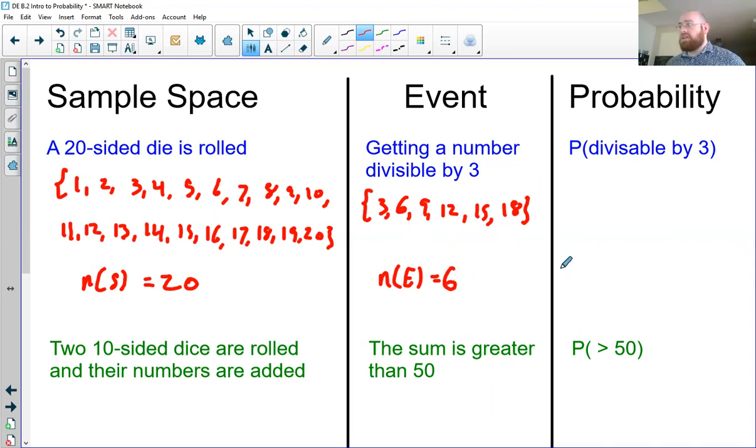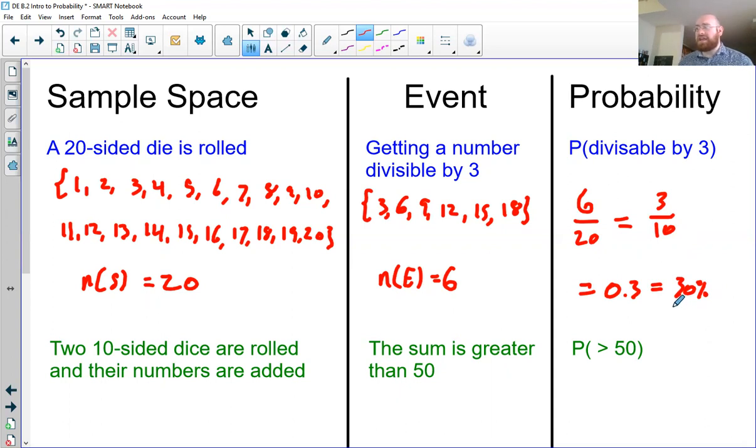And so the probability that we get a number divisible by 3 is going to be 6 out of 20, which can be reduced to 3/10. We can leave this as a fraction, or if you want to express it as a decimal, 0.3, or a percent, 30%. Generally, if we can express it as a percent or a finite decimal that doesn't go on forever, we can do so. Otherwise, we should keep it as a fraction.